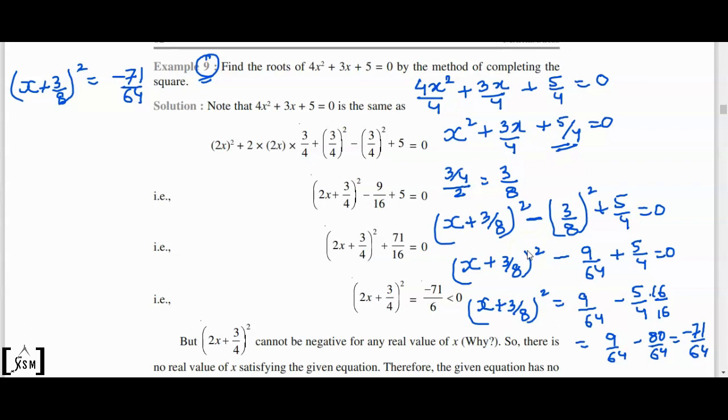Fine. Okay. Now we have to bring the square to this side. So we get x plus 3 over 8 equal to the square root of negative 71 over 64. Guys, please understand, inside the root there can be no negative value.